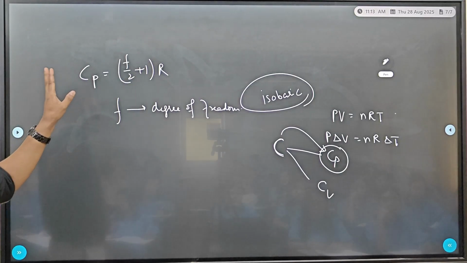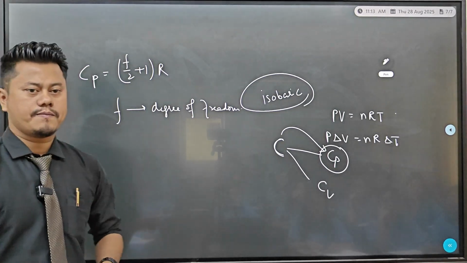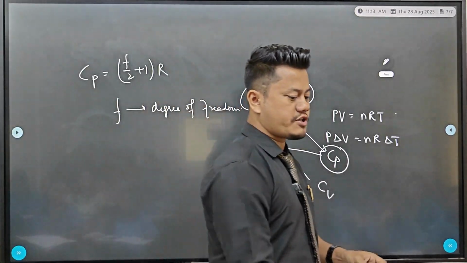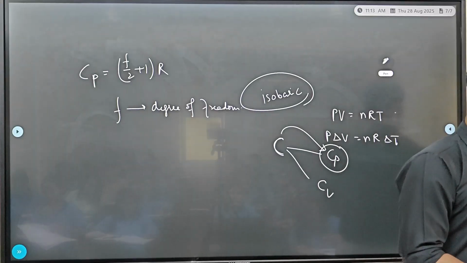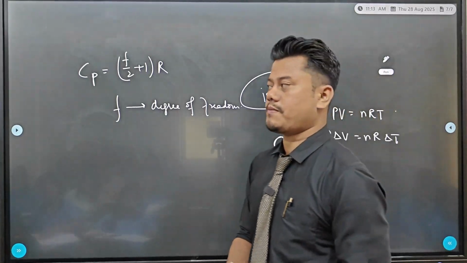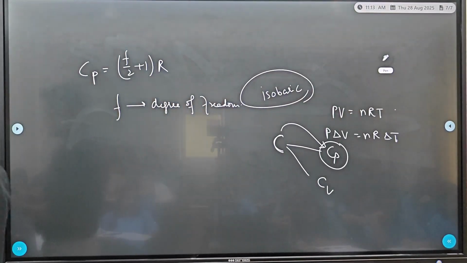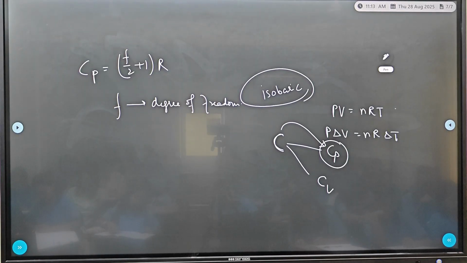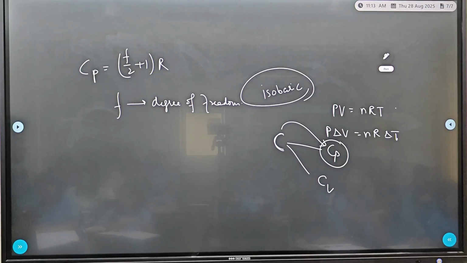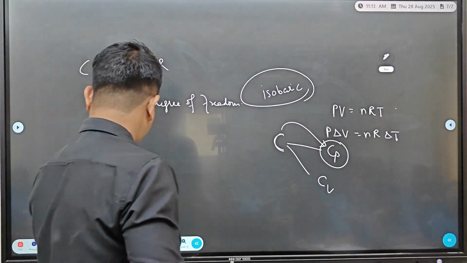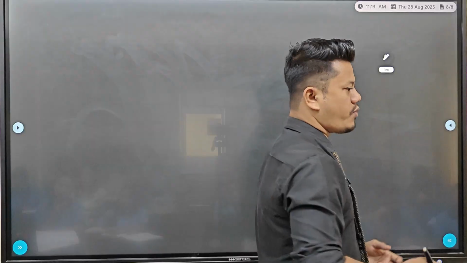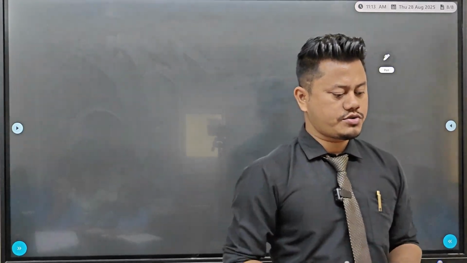So we have calculated work done. We have calculated specific heat. Let's go for the modulus of elasticity in terms of constant pressure. Just write modulus of elasticity. Now what type of modulus of elasticity do we need to use here?